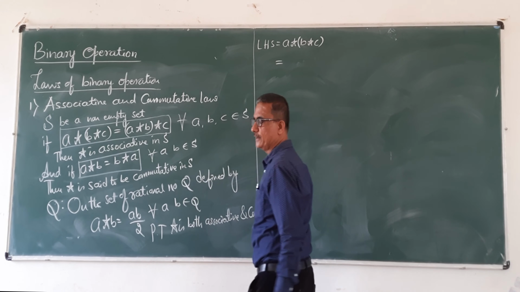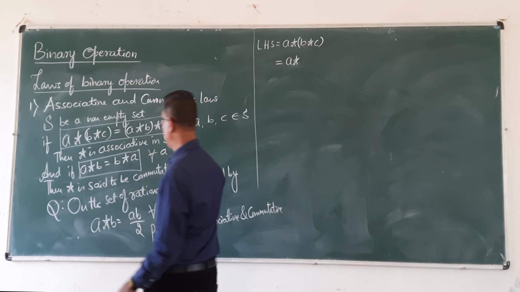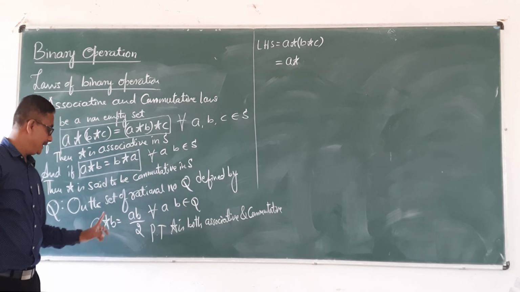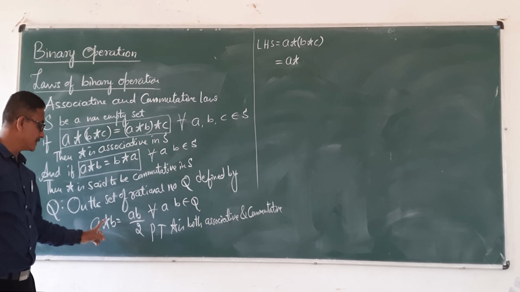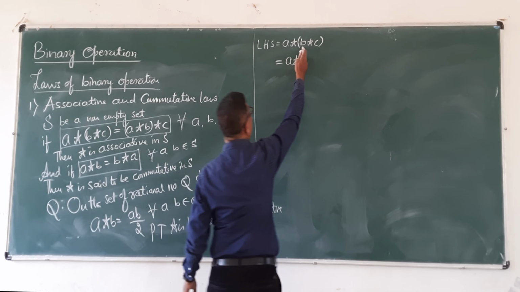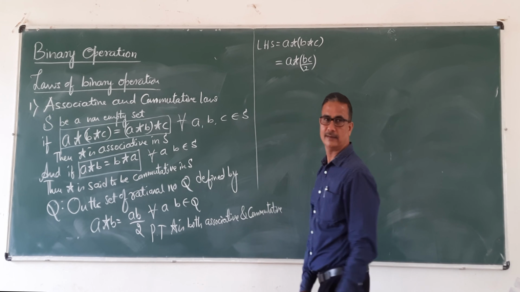Since given A star B is equal to AB by 2, that is given. Instead of A and B, here letter B and C. Now what is B star C? BC by 2. Correct? Okay.